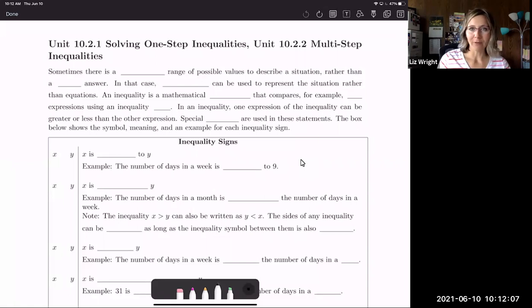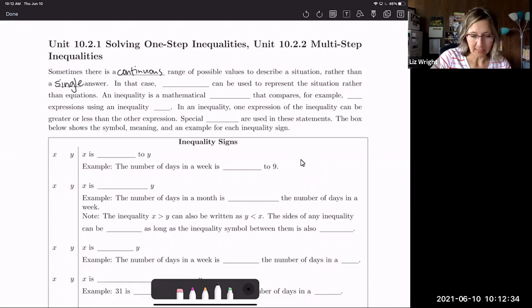This first paragraph just kind of talks about what I just introduced to you as well. Sometimes there is a continuous range of possible values to describe a situation rather than a single answer. The single answer is, again, typically our equations that we've been solving, and the continuous range is going to be for inequalities.